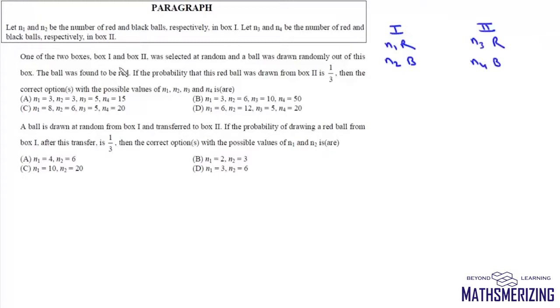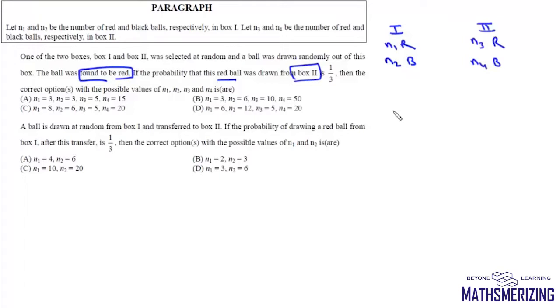Now one of the two boxes was selected at random and a ball was drawn randomly out of this. The ball was found to be red. The probability that this red ball was drawn from box 2 is 1 by 3. Then which of the possible values of N1, N2, N3, N4 is or are.